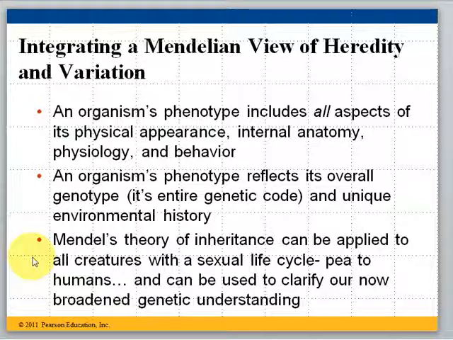And that is pretty amazing, that these rules that he discovered are applicable to almost all life, at least all life that reproduces in a sexual way. Again, that goes back to this overall idea of evolution and common ancestry, and how these genetic rules are applicable to something that seems so far apart, like an oak tree and a human. It still works pretty much the same way.